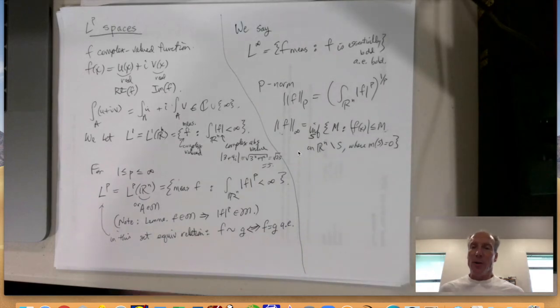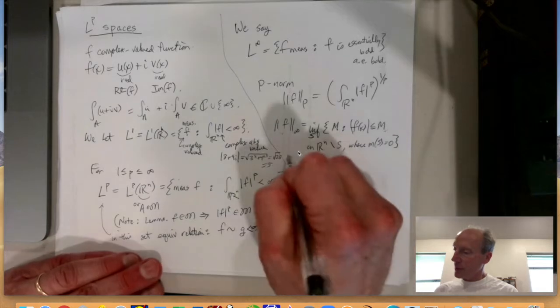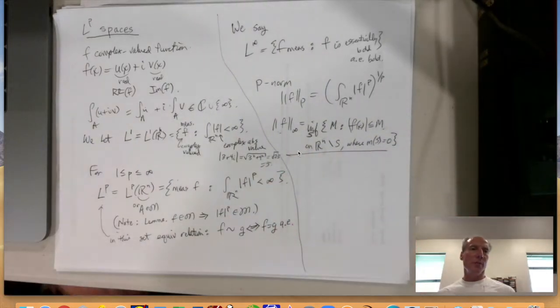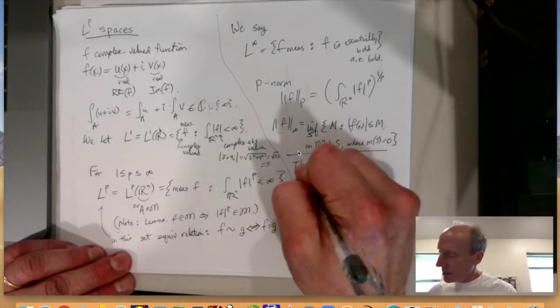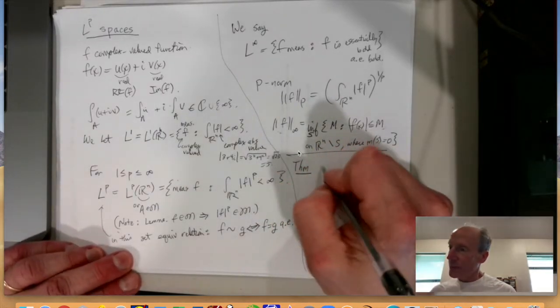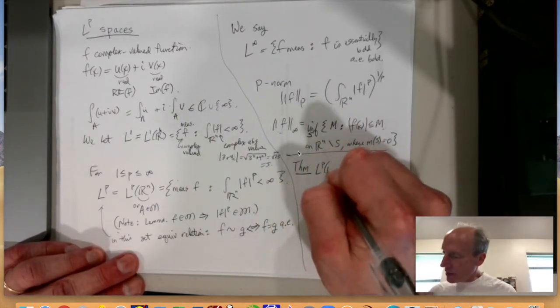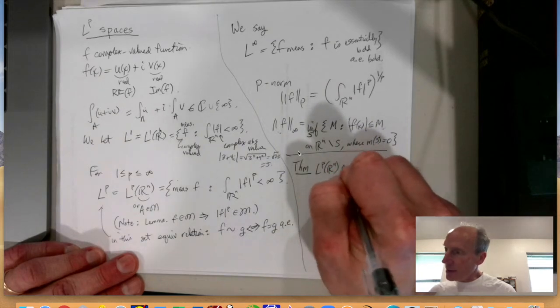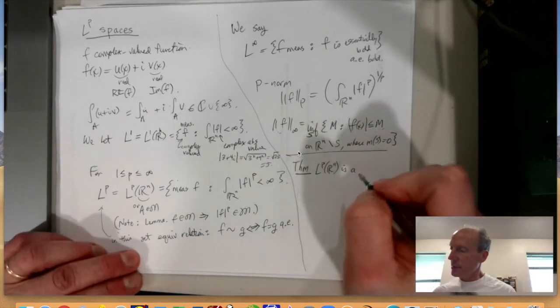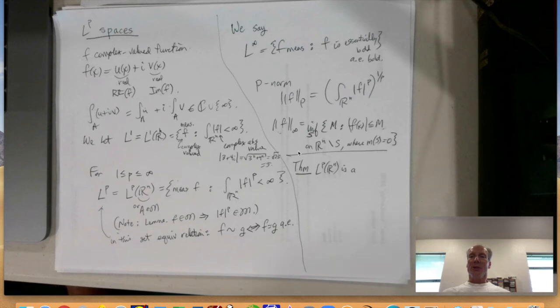All right, now what about these L^p spaces are important? Well, maybe you might want to ask about the L^p spaces. Like if I start a theorem, L^p of R^n is A, what might you come up with?